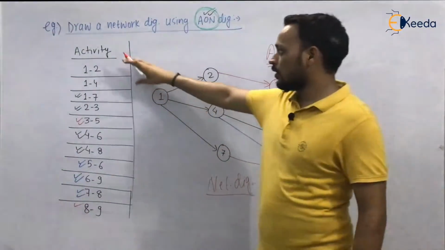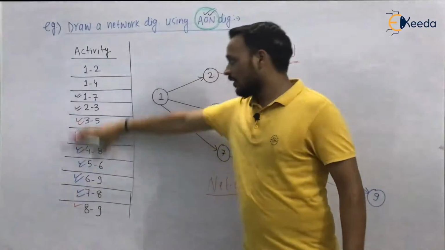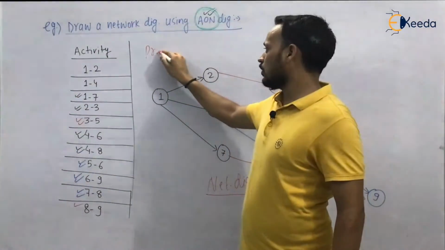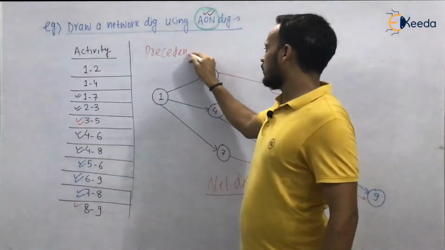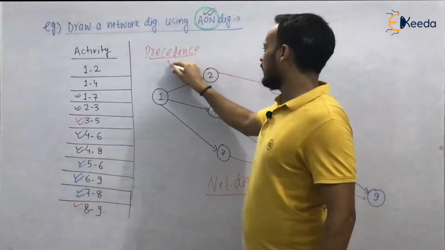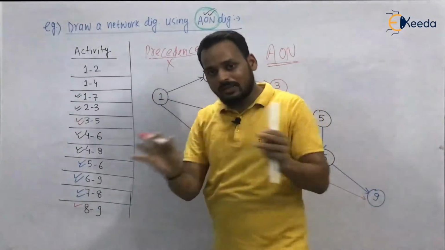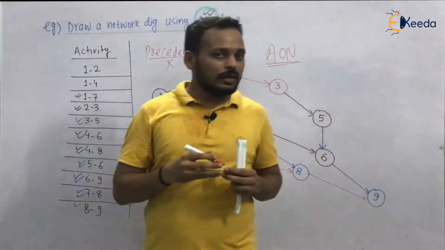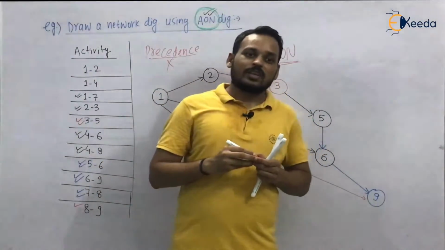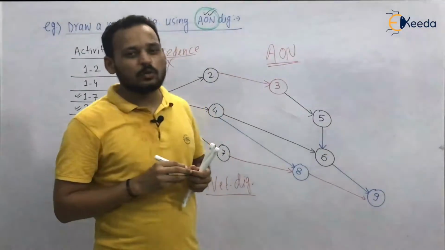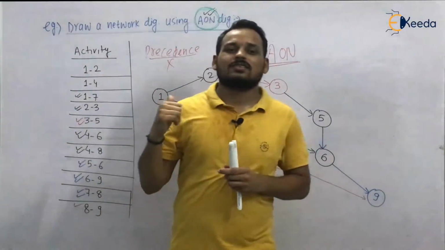Whenever a question is given like this, with no precedence, you have to think. The question will not tell you to draw it by AOA diagram or AON diagram. That's the beauty of this chapter.